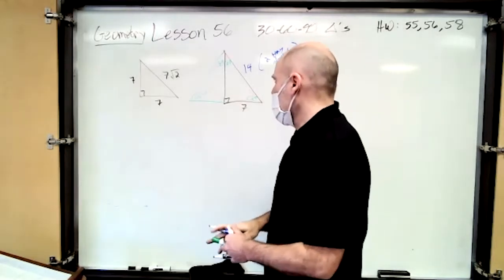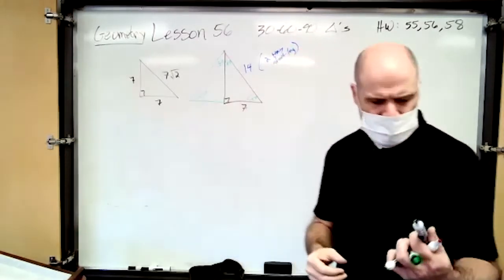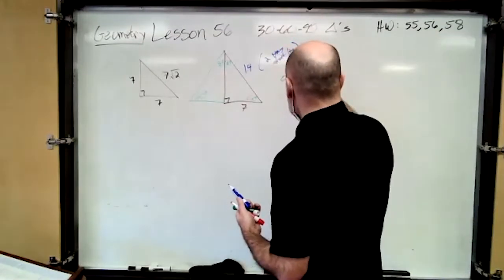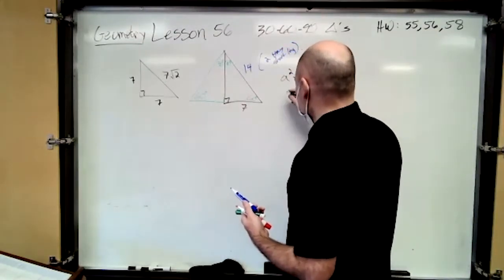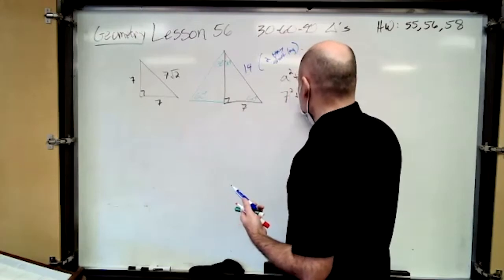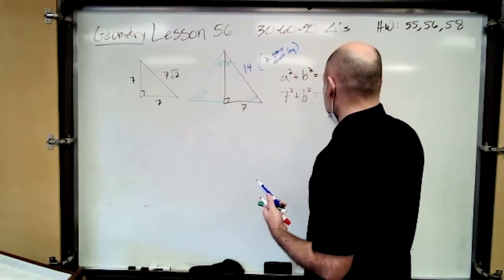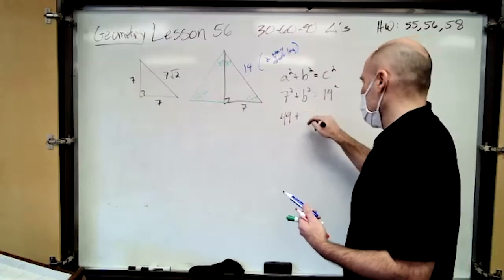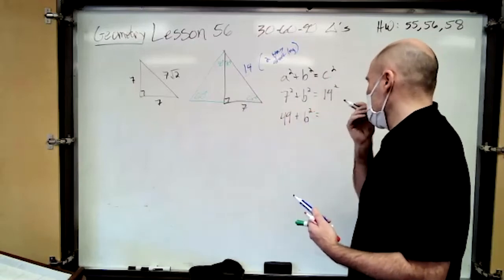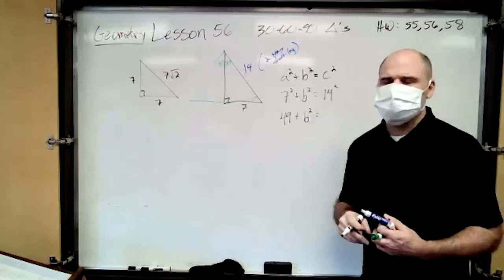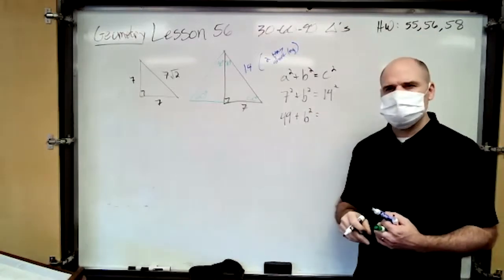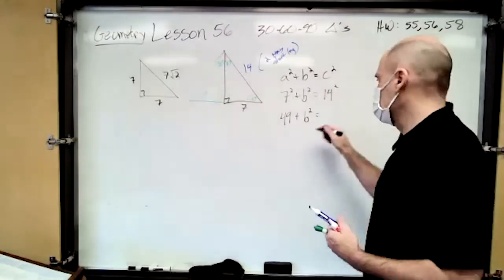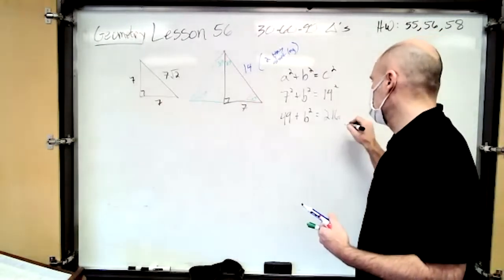Okay? All right, now we just have to figure out that. Should we use the Pythagorean theorem? So a squared plus b squared equals c squared. So that's 7 squared plus unknown squared equals 14 squared. That's 49 plus b squared equals, what is that? 216. You guys know? We're going to go with that.